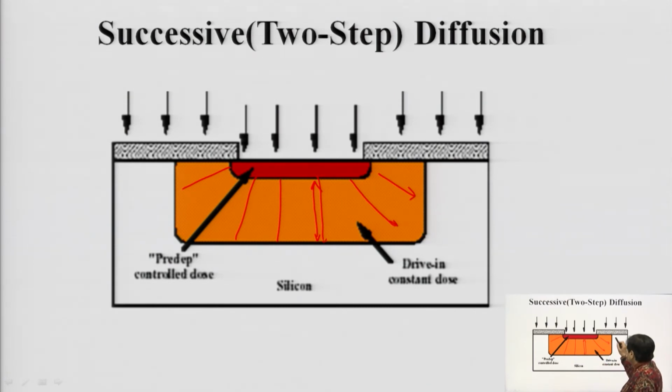This is exactly what is studied: how long the exposure, what temperature, what time you should have, what the initial value of D should be, and what the value of t should be for which you get the desired profile. That is exhaustively studied. There is enough documentation available for it, and based on that we carry out the device design.